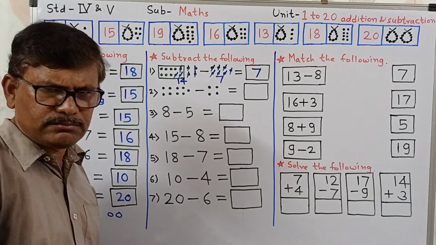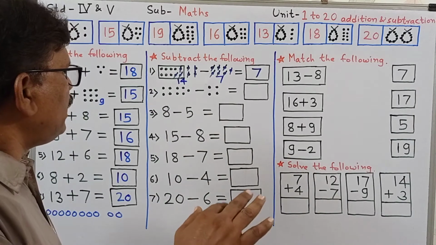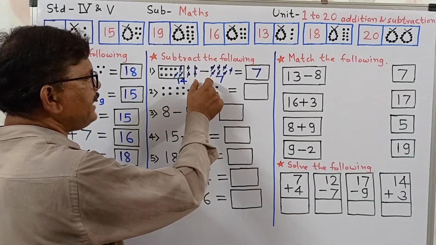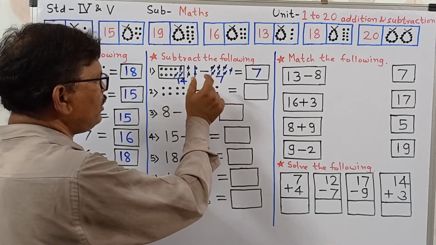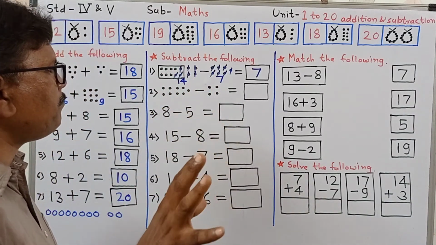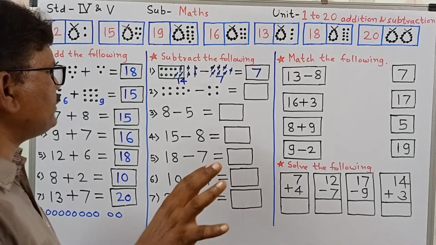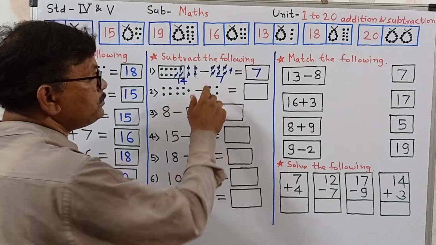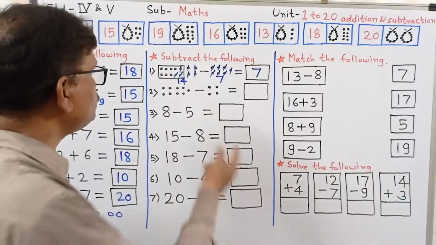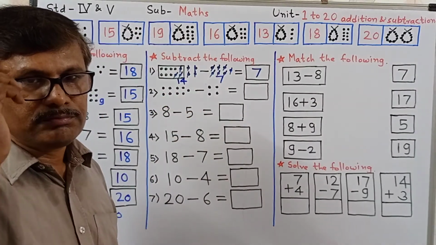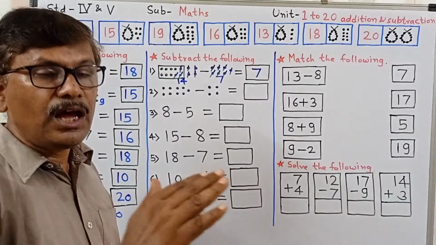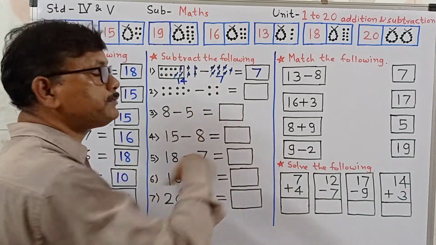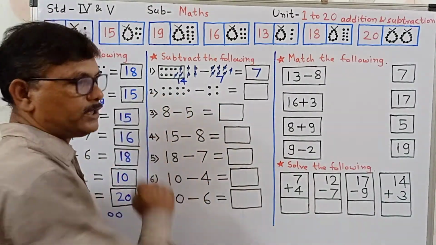Next, I am telling another method also, but that is for some equations, some sums. Count after 7 up to 14.